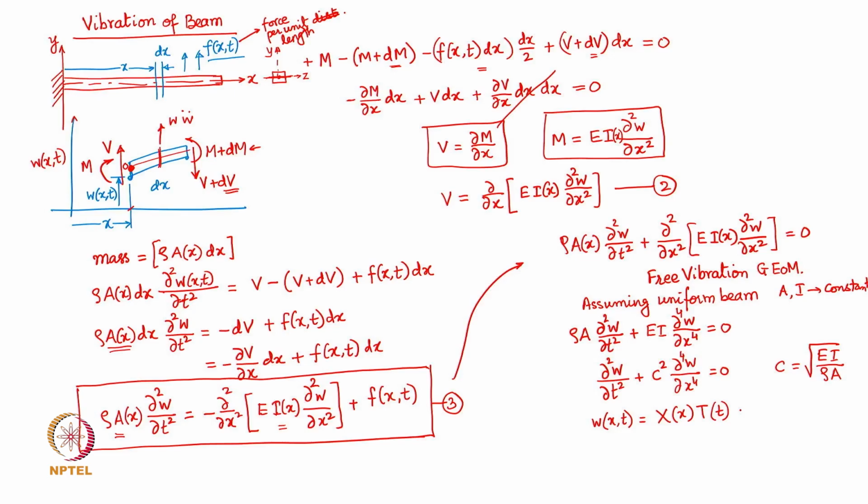Okay, now when we do that, the first term gives us capital X d²T/dt², because this becomes an ordinary derivative now, plus c² d⁴X/dx² equal to 0. Of course, this is to be multiplied by capital T, right?